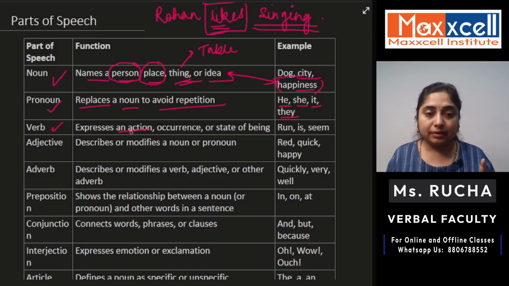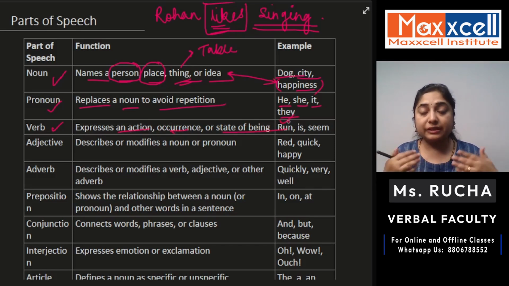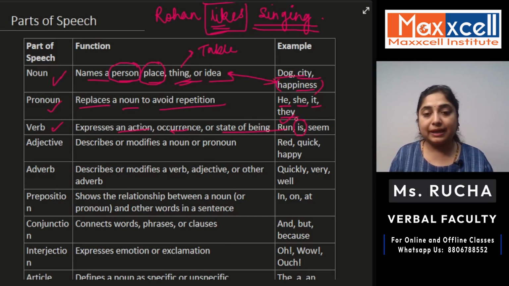Occurrence, something that expresses an action, occurrence, or state of being. Like run is what? Physically we are doing that activity, right? So run is of course an action. Is represents the state of being, so is is also a verb. And seem is what? It seems.